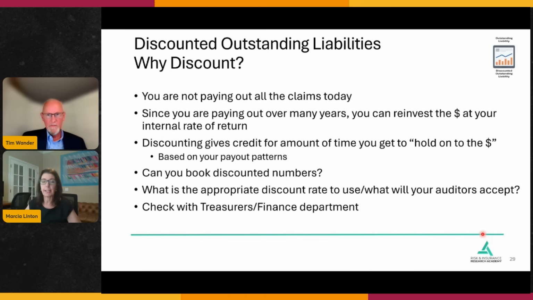If you were saying, well, how do I know what a risk-free rate of return is? You could look at what a treasury bond would be for your payout years. So imagine if your work comp claims pay out over 7 years, you could go and look up, just Google what the 7-year treasury bond yield is and use that as a gauge. And typically audit firms will accept that.